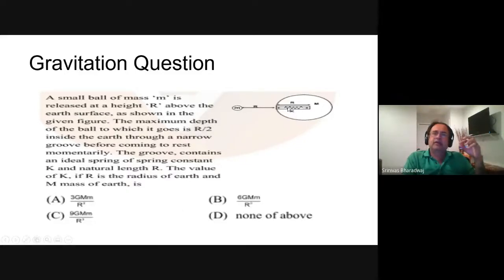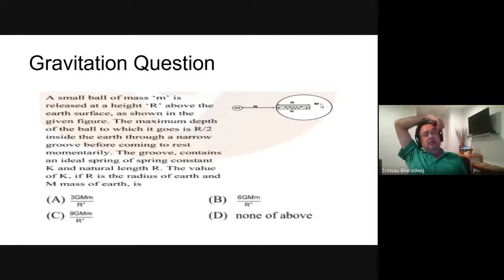The gravity at the surface is GMm by r square. So gravity at r by 2 is GMm by r square by 2, because it's a linear straight line, right? So GMm by r square by 2 equals k times r by 2.